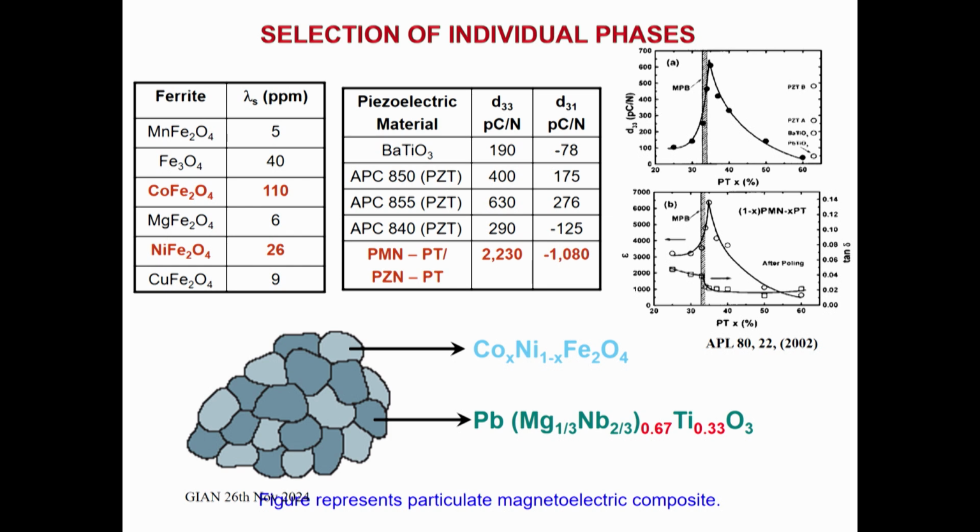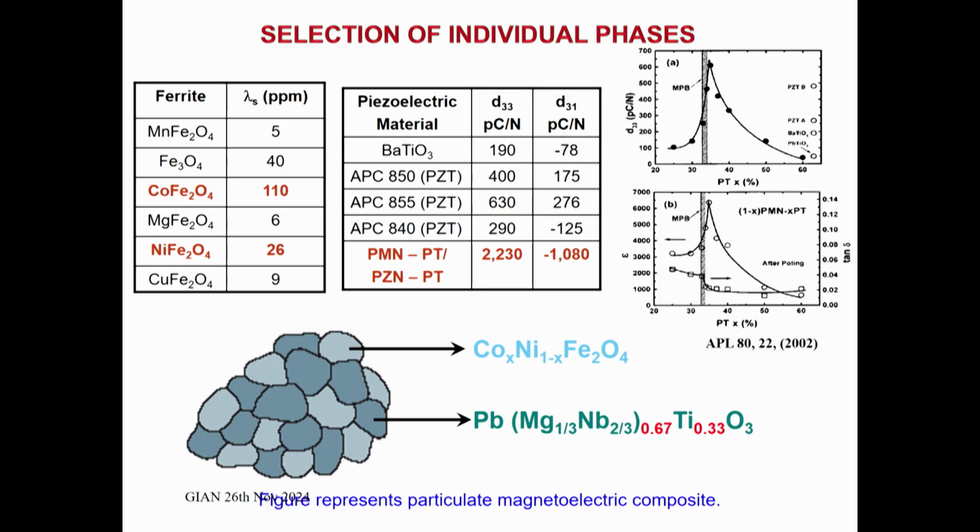As I was talking about the development of particulate composites, nickel ferrite NiFe2O4 and CoFe2O4 are very interesting systems as far as their piezomagnetic properties are concerned, and therefore this is one of the systems we have investigated in detail, along with lead based systems. The lead based system is used as the piezoelectric phase, and the cobalt nickel ferrite is used as the magnetostrictive phase.